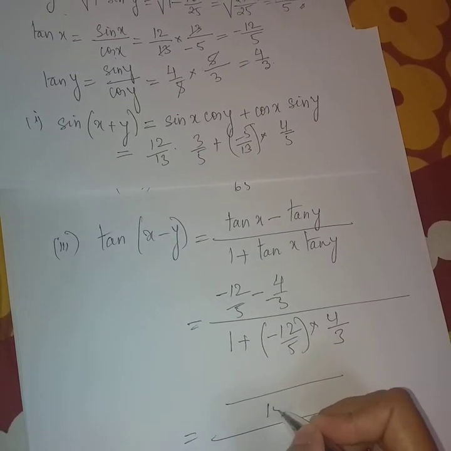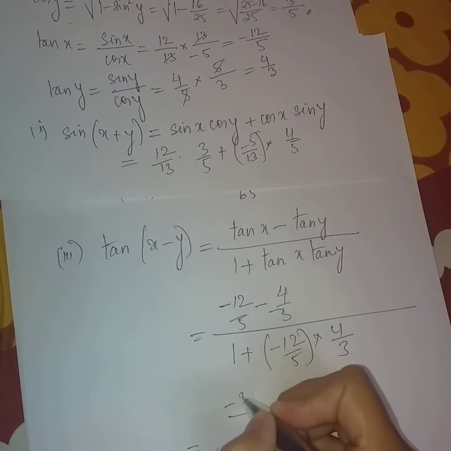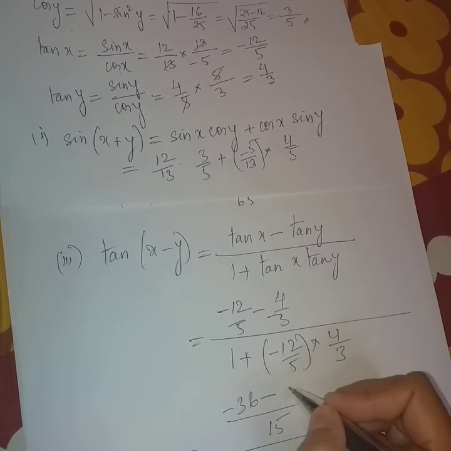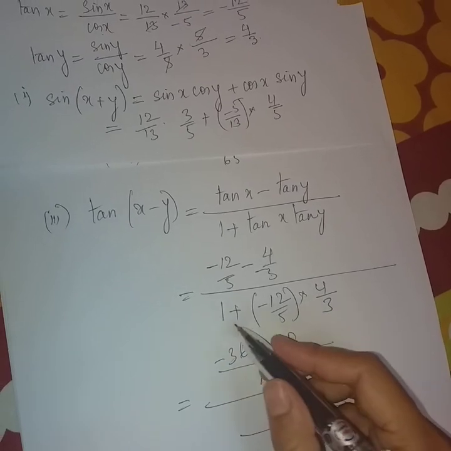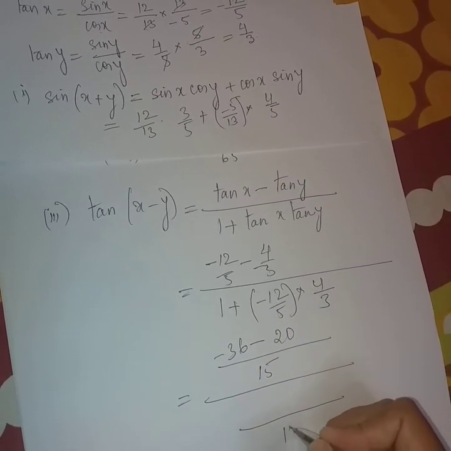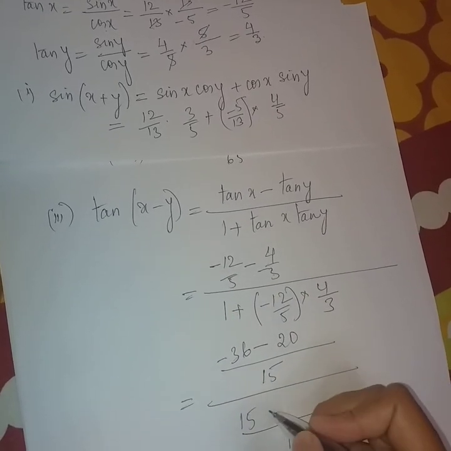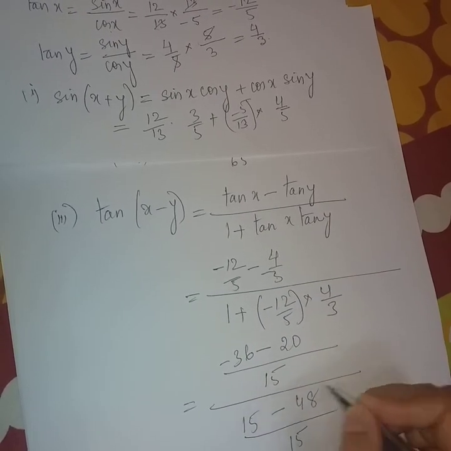15 is the LCM in the numerator, and 12 into 3 is 36, 4 5s are 20. So in the denominator also the LCM is 15. 5 3s are 15. And here we have 1 into 15 is 15, minus 12 4s are 48.